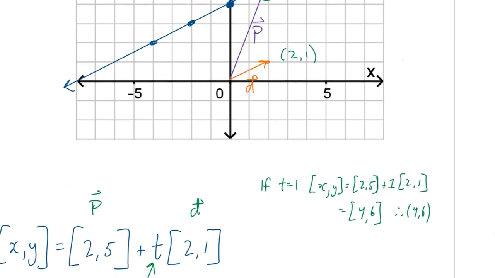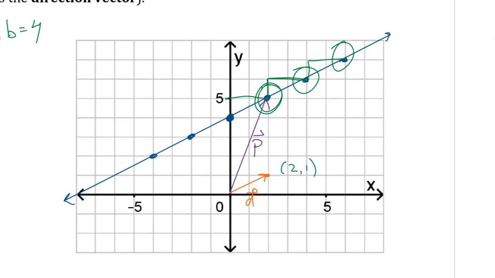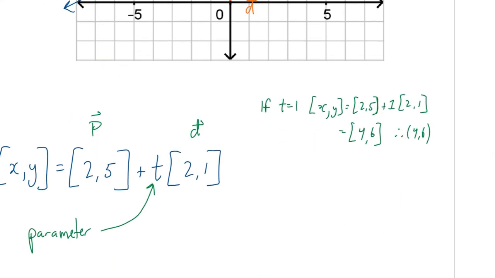And what if I said it was -1? Well, then I would start here and I would go back that direction to that point. And so you can see that I can pick values for t and sub in for them, and all the different values of t, for every real number, will take me to all the different points on that line. Okay.